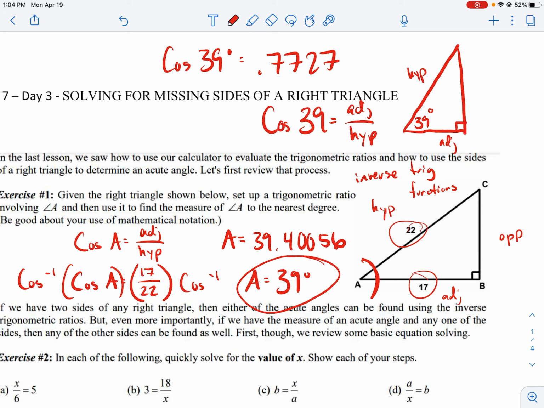Okay, because if you typed in the cosine of 39 degrees, what do we get?